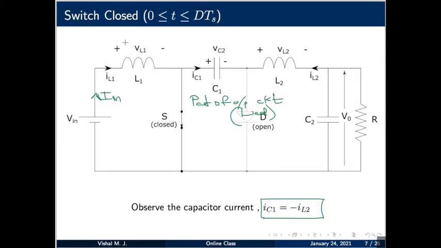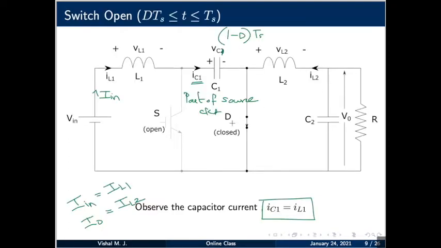When the switch is closed, even then, see, the configuration is an inductor whose current splits into the capacitor and the resistor. So, the steady state portion of this one flows through the load and the ripple portion will flow through the capacitor. That is true even when the switch is closed or the switch is open, irrespective of the topology or the configuration of the switch.